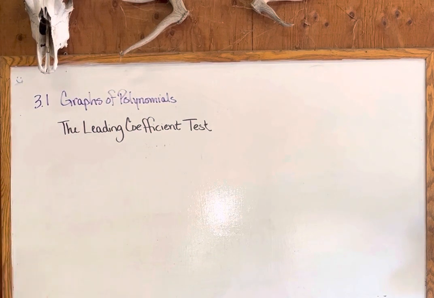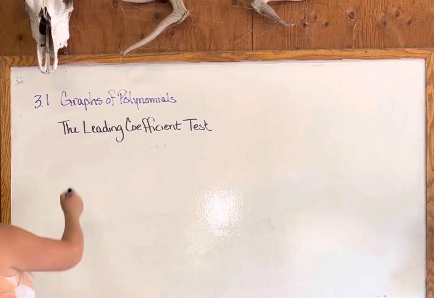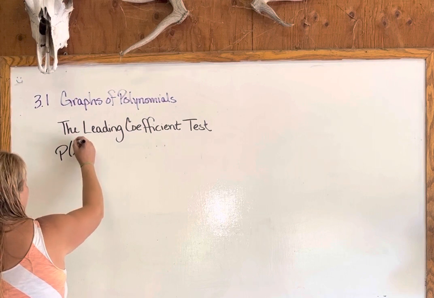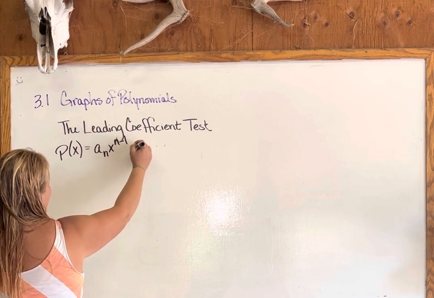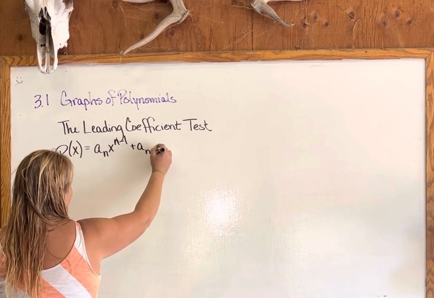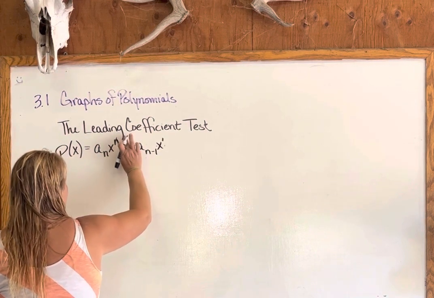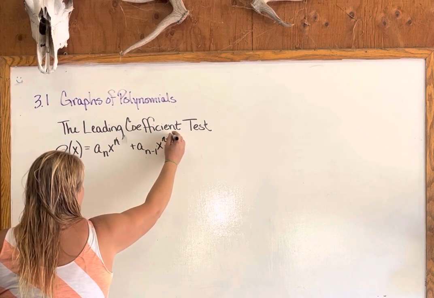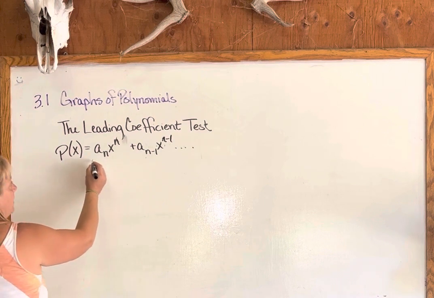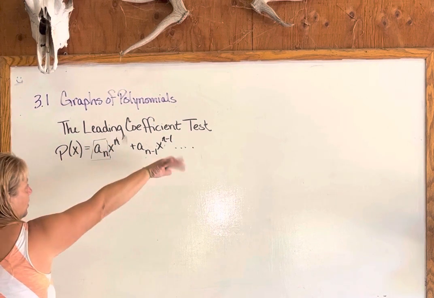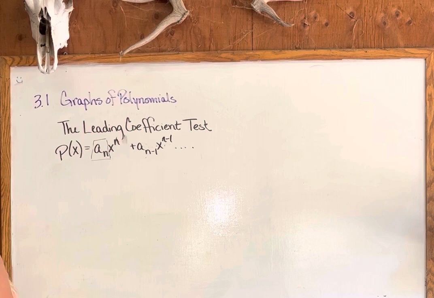So we'll write it out, then I'll show you what it means, and you never have to look at the written out form again. Okay, so we're going to say if we have a polynomial, and we're going to use that drawn out form where we have a sub n x to the n, plus a sub n minus 1 x to the n minus 1, dot dot dot. So basically just saying, if you have any polynomial, the leading coefficient is this guy. We're not worried about any of the rest of it, just that a sub n. So now there's 4 different parts to it, which is kind of annoying.